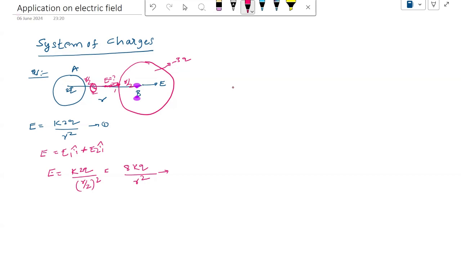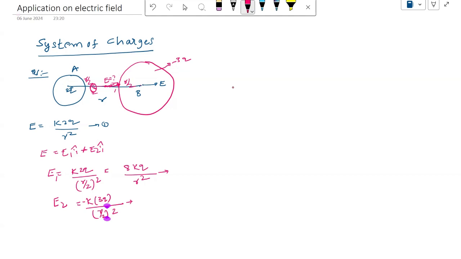So now, next one. E2 is equal to K into -3Q by R by 2 whole square.